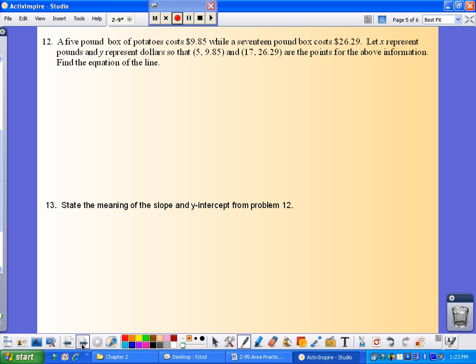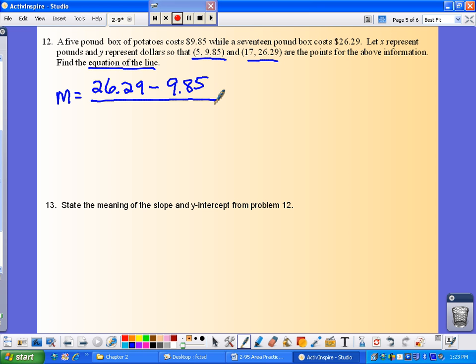5-pound box of potatoes. And I want to find the equation of the line that goes through those 2 points. Okay, let's find the slope first. So finding the slope, I'll pick a y value. Any y value works, so I'll start with 26.29 minus 9.85, those are both y values, all over 26.29, right below it, I must put its x value minus the other one's x value.